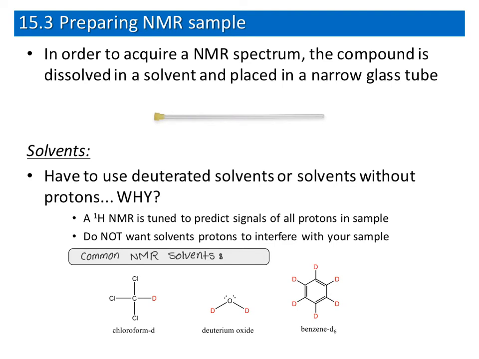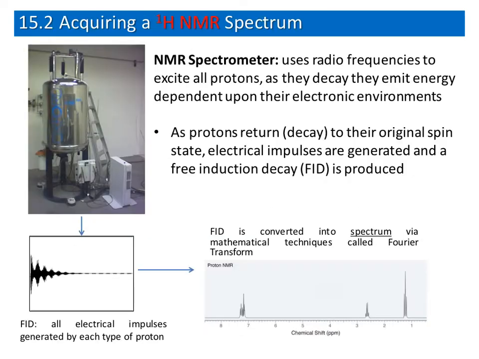Therefore, we don't see the hydrogen NMR of the solvent in the spectrum. The general deuterated solvents that we use can be deuterated chloroform, deuterium oxide, which is actually deuterated water, and benzene D6.